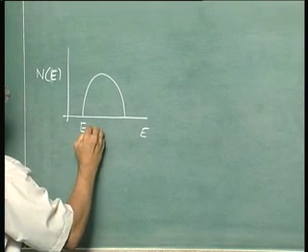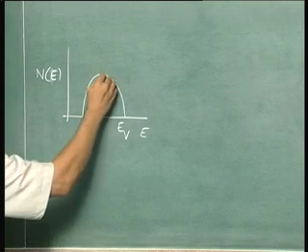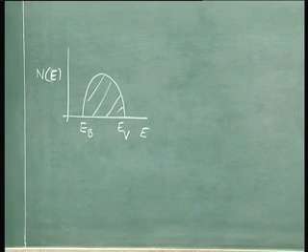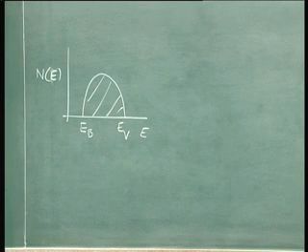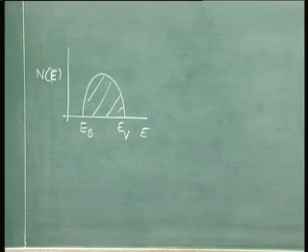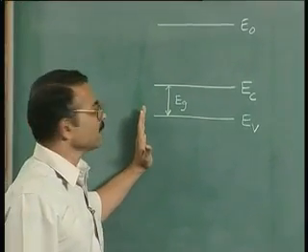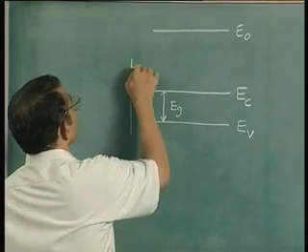This is, let us say, EB and this is EV, and this is the area that you are talking about. But here we have plotted the energy on the y-axis and Ne on the x-axis. There are some reasons for following this convention in semiconductor physics. One is that you start from the allowed energy picture, where you have shown the energy on the vertical axis.